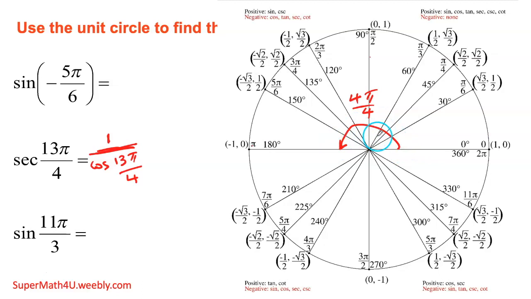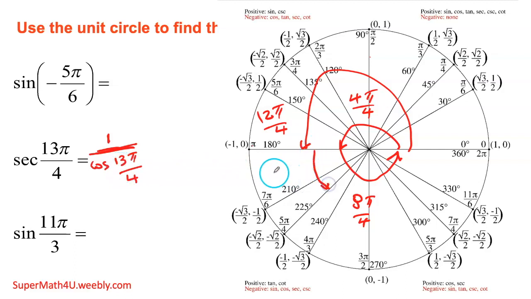So every half circle is 4 pi over 4. So I have 4 and 4, 8 pi over 4, plus another 4 is 12 pi over 4, and I need to get to 13, which is 1 more. And that will be 13 pi over 4.